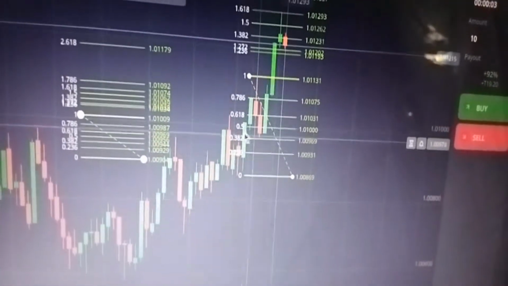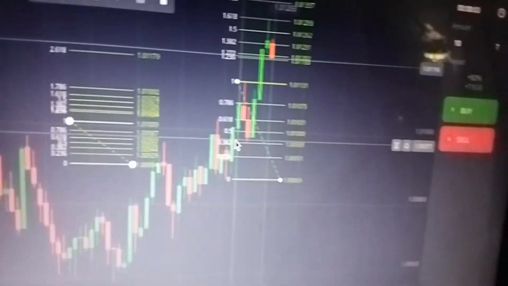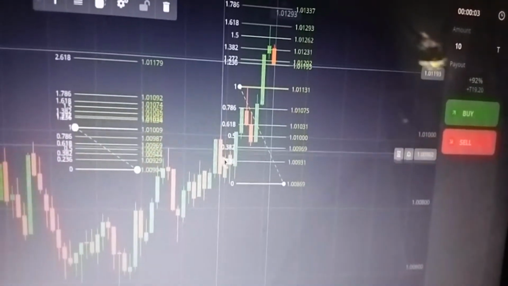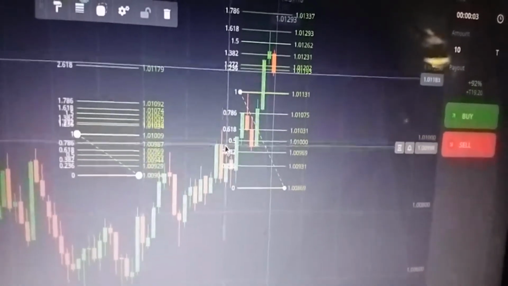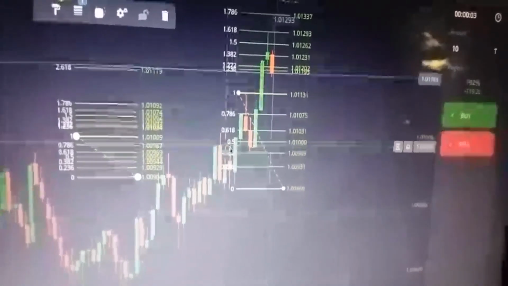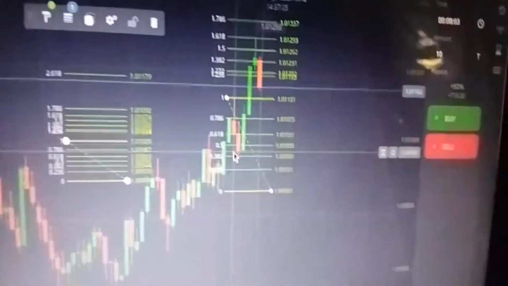Okay, that's a good thing. And on top of that, when you have an imbalance and an order block here, price supported off the open of this order block, and they rallied up, moved up to our TP, right? Moved up to our TP.